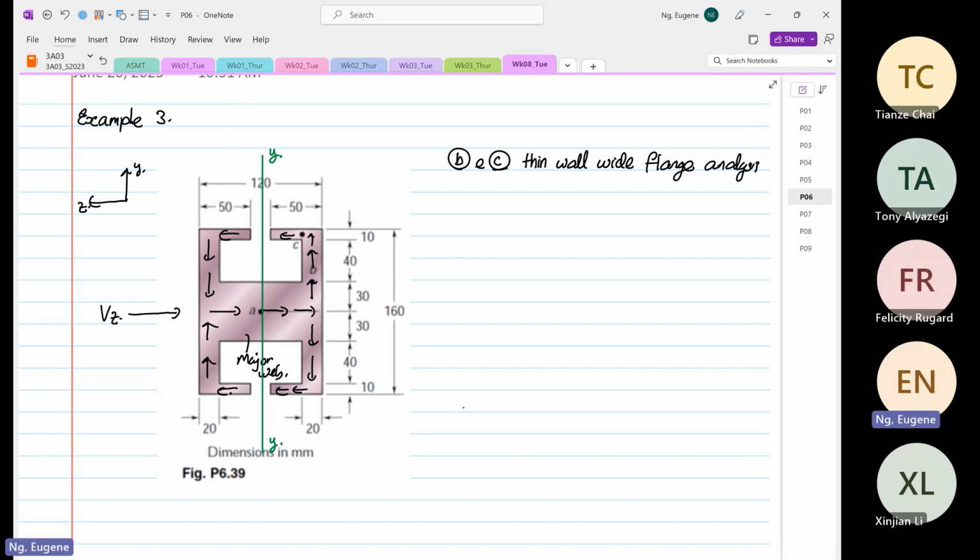And then for point A, we use non-thin wall analysis. Okay. So let's find the shear stress at point C. So at point C, thin wall, wide flange.